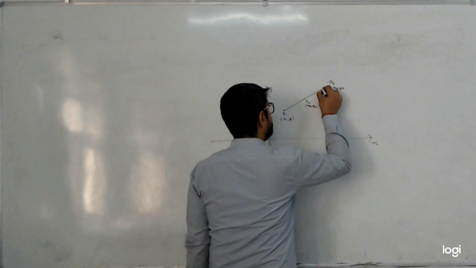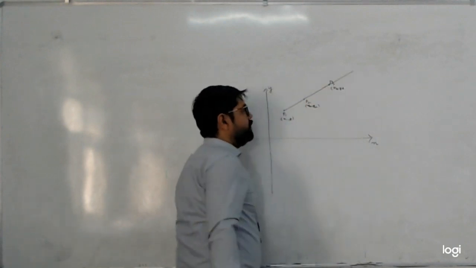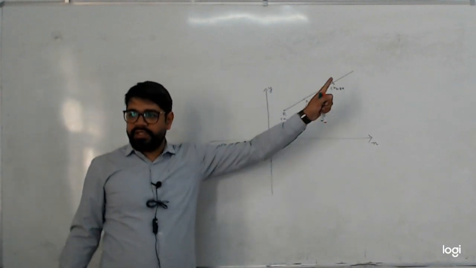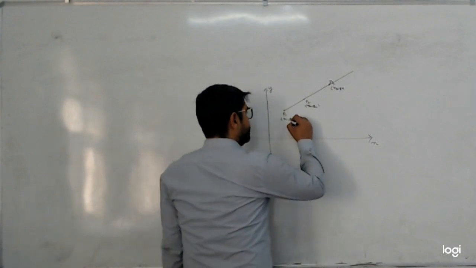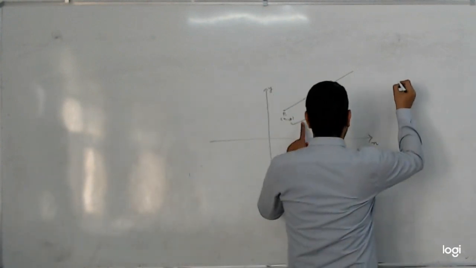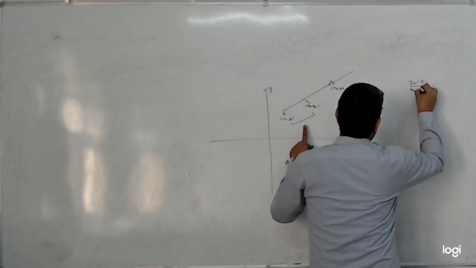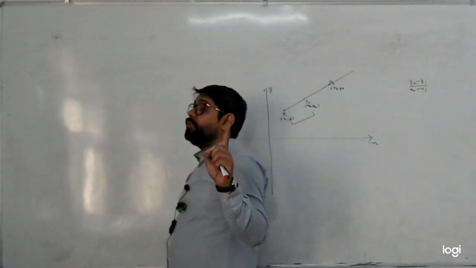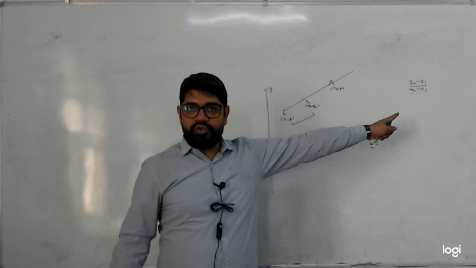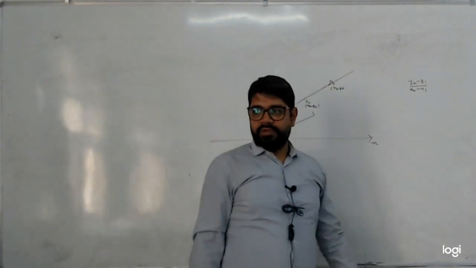So if I have to check whether these 3 points are collinear or not, then you can easily see that these 3 points will lie on a single straight line. So we find the slope of that line using these 2 points, that is (y2 minus y1) upon (x2 minus x1), because we have seen that if any line passes through 2 points, then its slope is (y2 minus y1) upon (x2 minus x1).